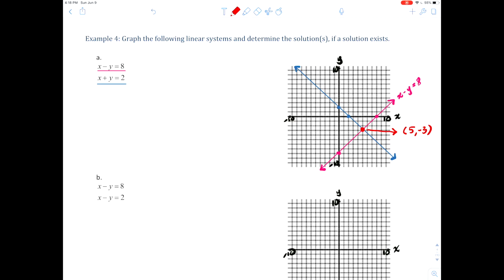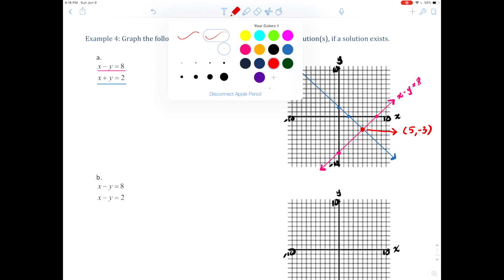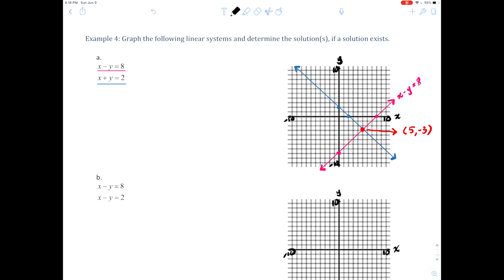Now, what if you wanted to solve this using some other method? Well, do you remember you can add equations? So if we solve it algebraically, we started out with x minus y equals 8, x plus y equals 2.